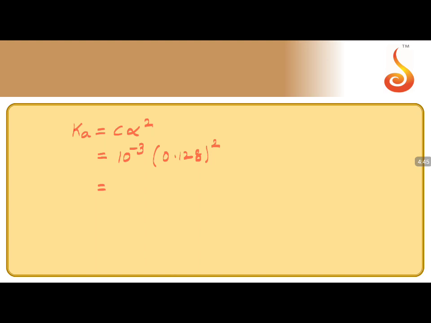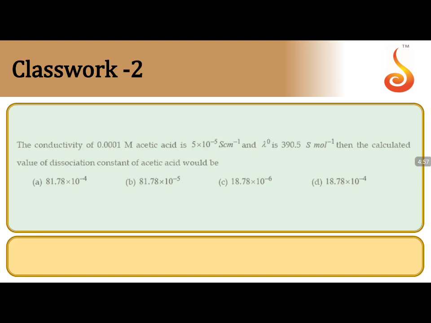I can take an approximate value of around 17 into 10 power minus 6. Whichever option is in this range will be your answer. It is close to option C, with 10 power minus 6.